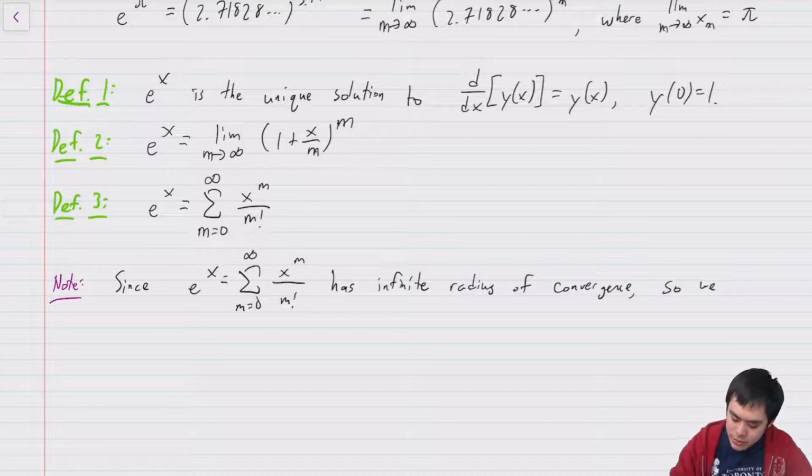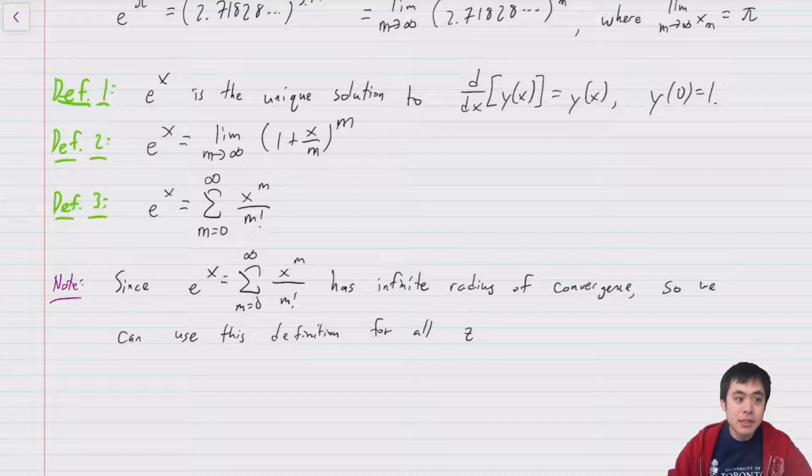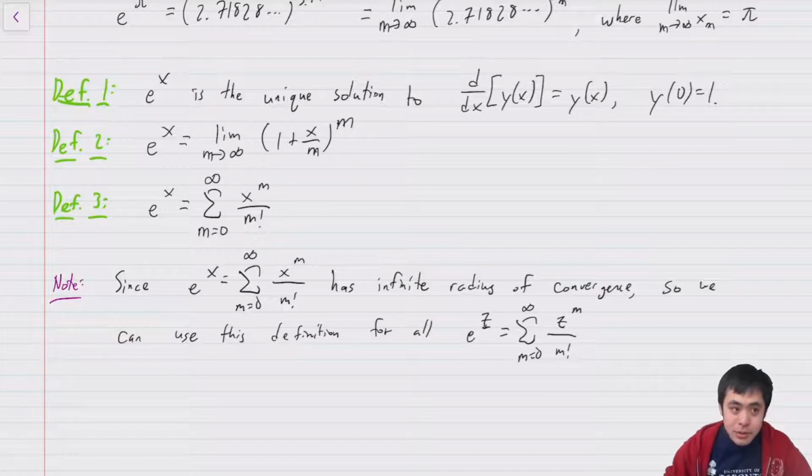So we can use this definition for all complex numbers. So e to the z is equal to the sum from m equals 0 to infinity of z to the m power over m factorial, where z is a complex number.